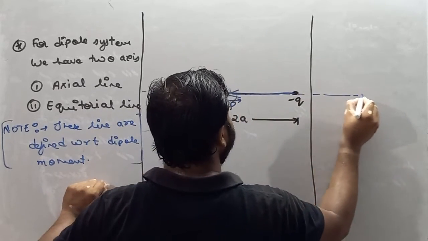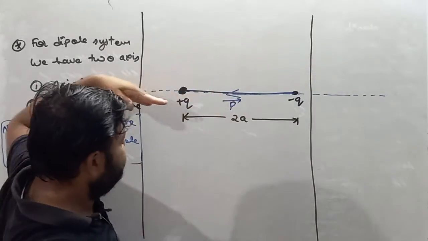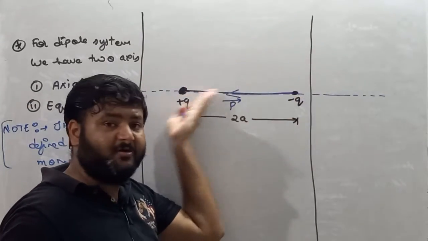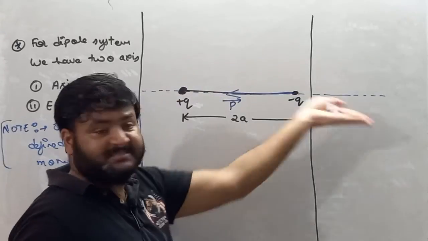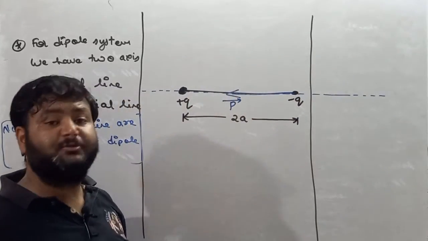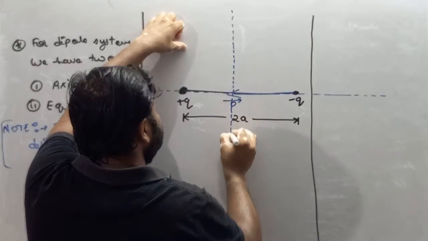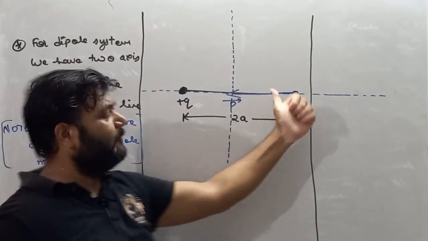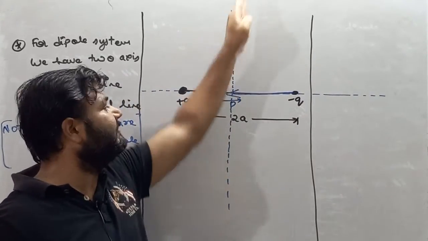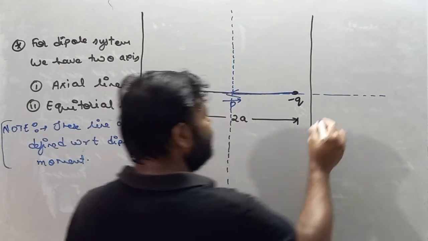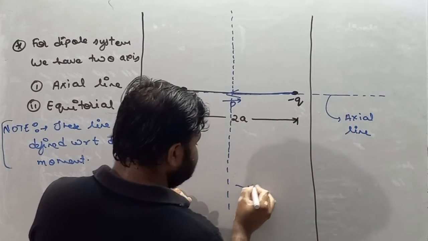This line is parallel to dipole moment. The dipole moment is lying along the horizontal axis and this line is also a horizontal line. And the second line I'll make like this. You are seeing that the dipole moment is on a horizontal line and this line is, dear student, perpendicular to the horizontal line. So we'll say this line is called the axial line and this line is called the equatorial line.